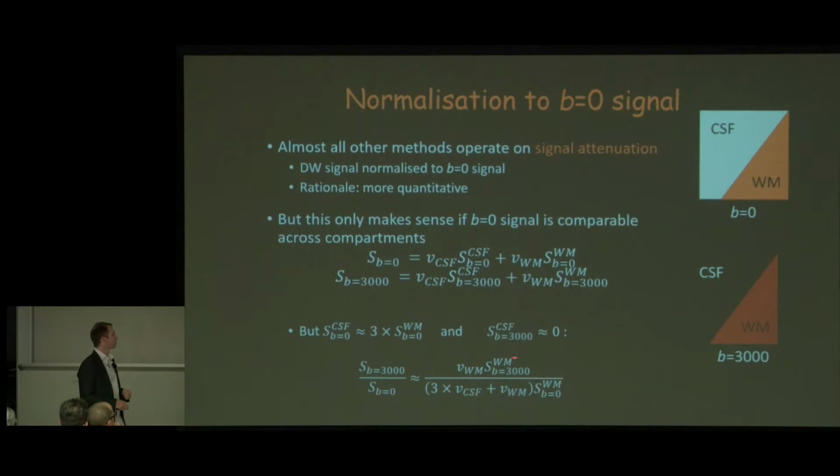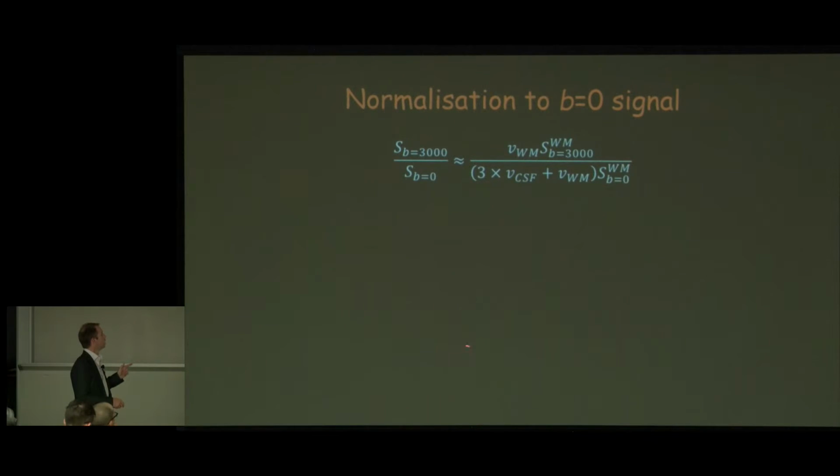And the point here is that it is not proportional anymore to the volume fraction of the white matter, which is what you would have liked it to be. If I give you a brief example of that, here's the equation I had earlier. If you had pure white matter, then the ratio is fine. That's what it is.